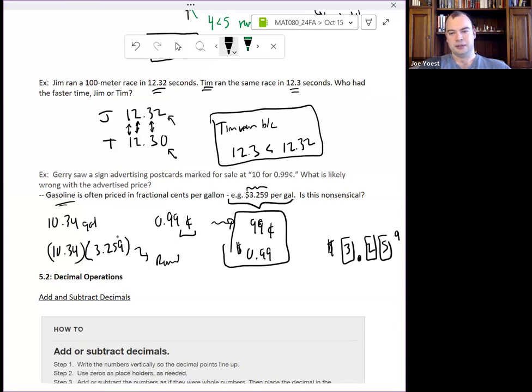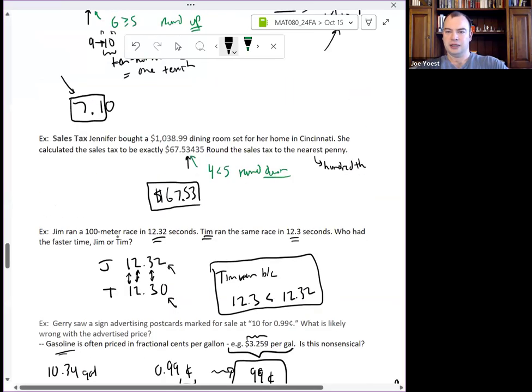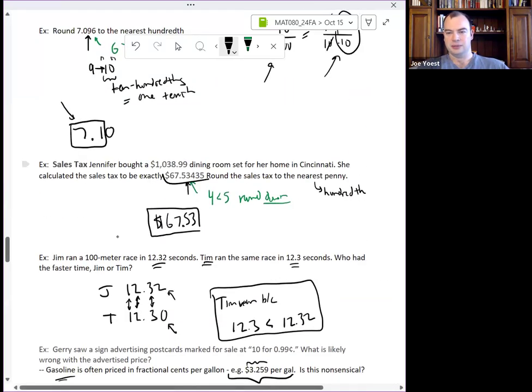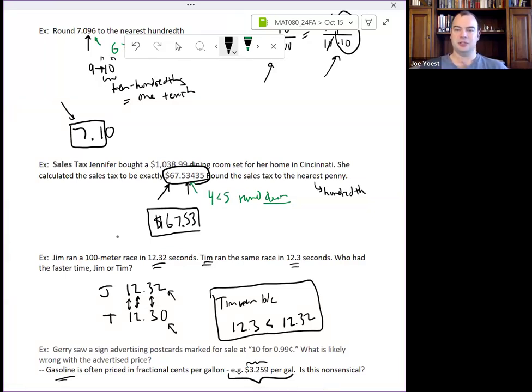I would just round that to the nearest cent, just like I did up here, and that would be how much I owe.